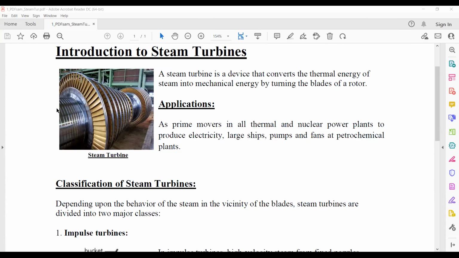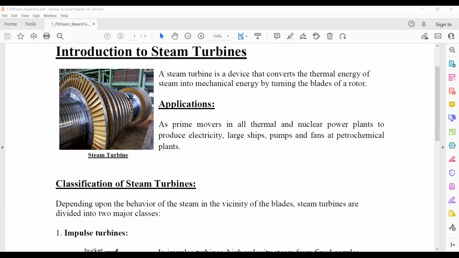So the steam is allowed to flow over these blades with the help of nozzles. As we have seen in the video also, it doesn't mean that there is a single nozzle coming from the boiler. There are different nozzles at different stages of the turbine.